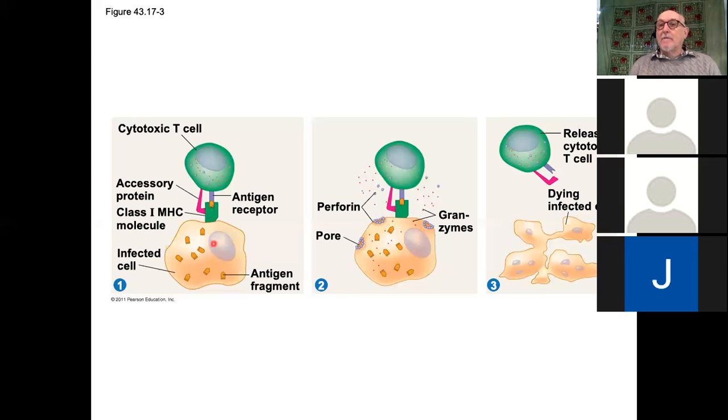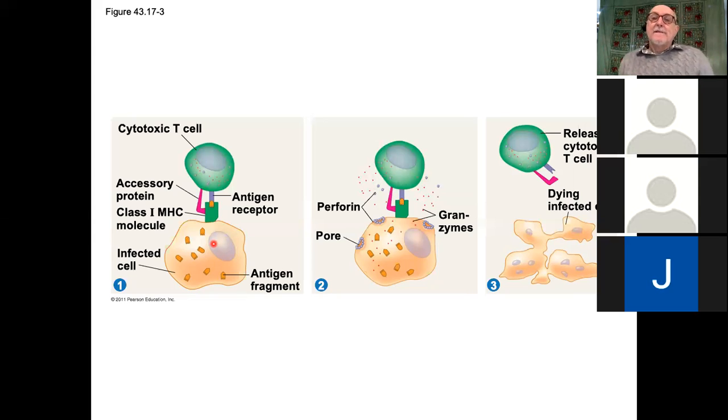It doesn't cause the cell to just burst, die and rot away. That would be chaotic, and you run the risk of spreading virus, and also releasing toxic byproducts of decay and everything else.